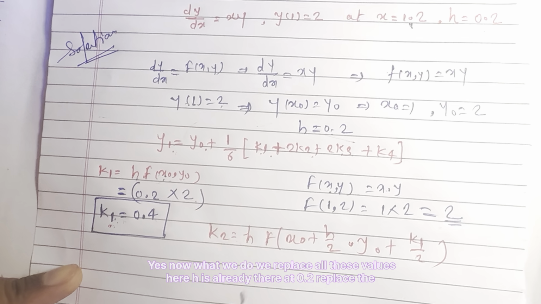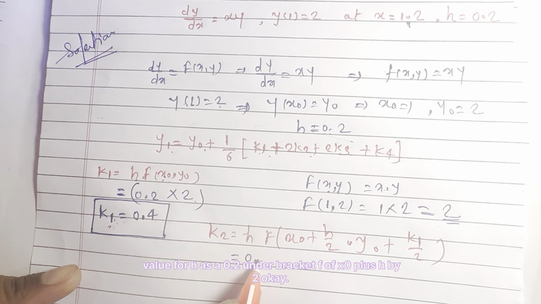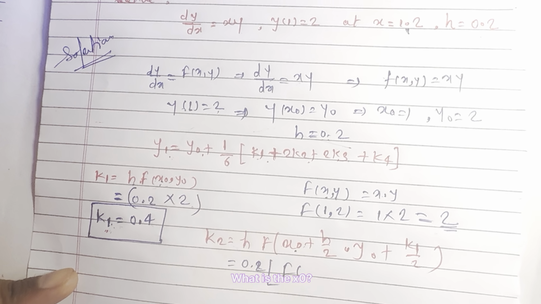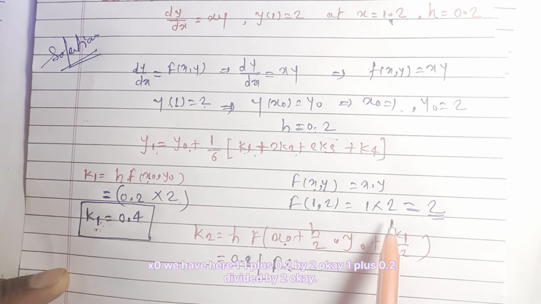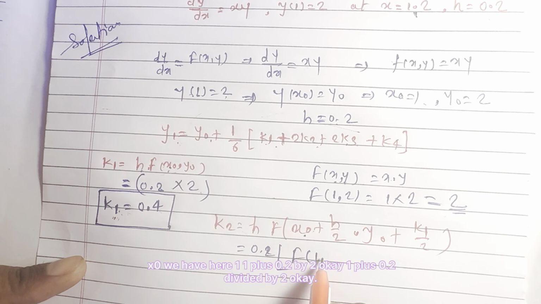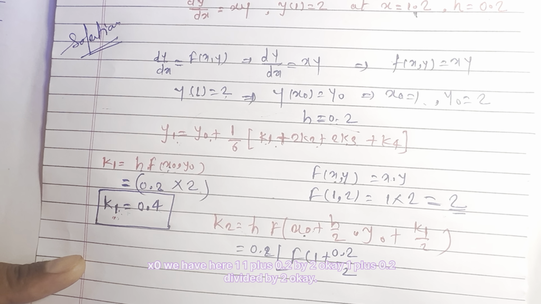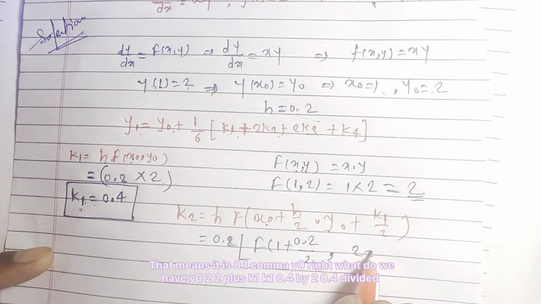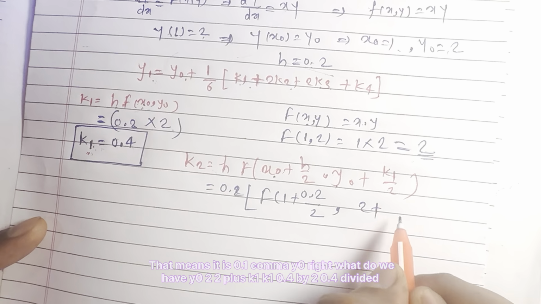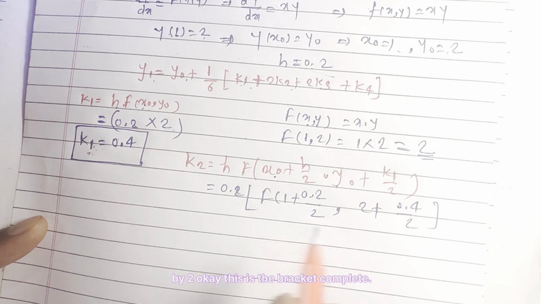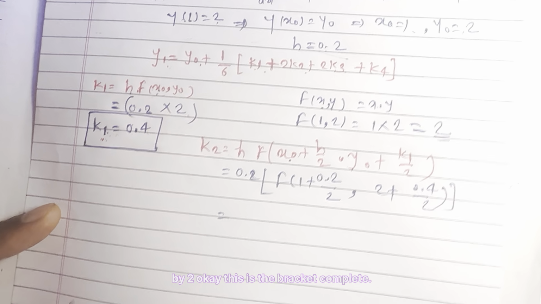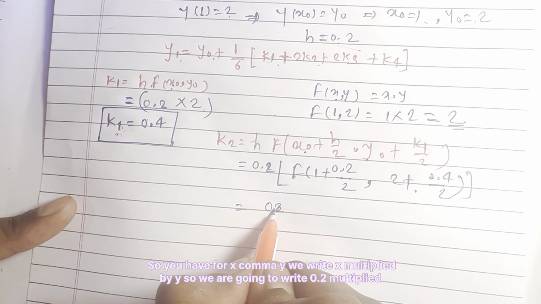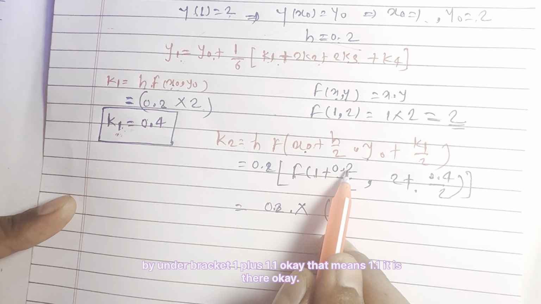H is 0.2, under bracket f of x naught plus h by 2: x naught is 1, so 1 plus 0.2 divided by 2, that means 1.1, comma y naught, which is 2, plus k1, 0.4 divided by 2. Bracket complete. Since f of x comma y is x multiplied by y, we write 0.2 multiplied by, under bracket, 1.1.